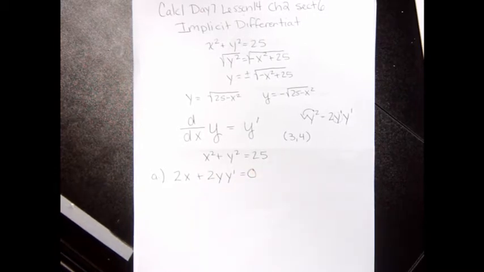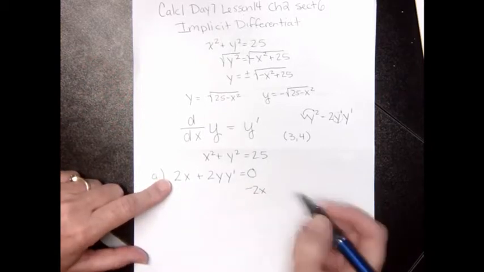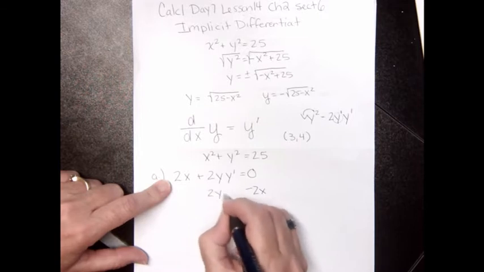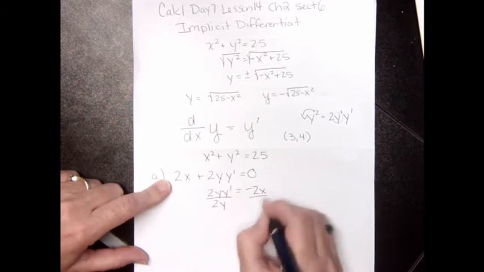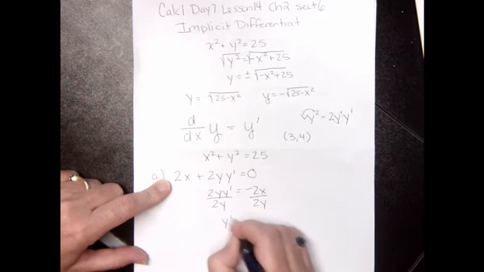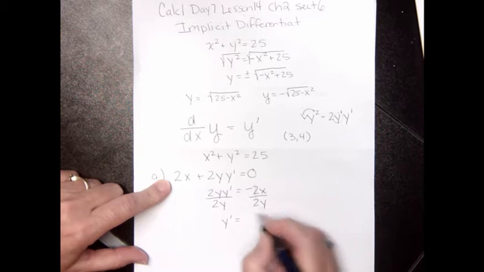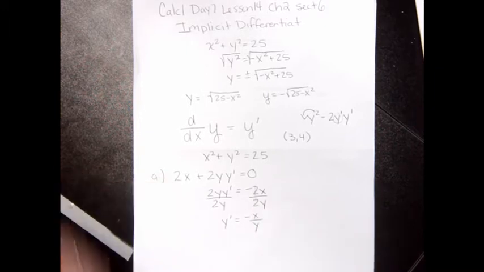All right, now we're going to solve this for y prime, so I'm going to move my 2x over. And then I'm going to divide by 2y. And when I do that, I will have y prime equals, reduced, negative x over y. Okay, so this is my formula for slope now.